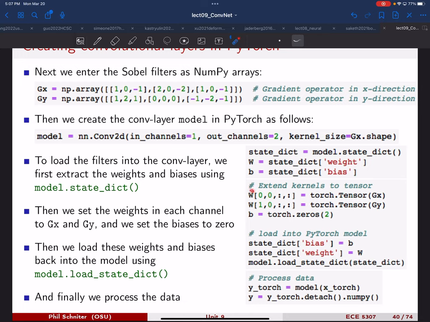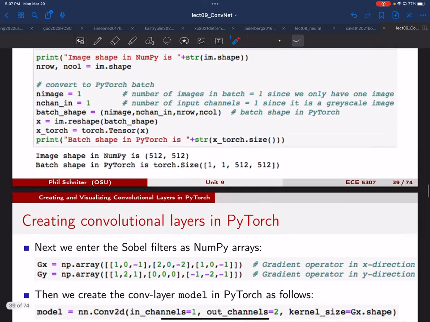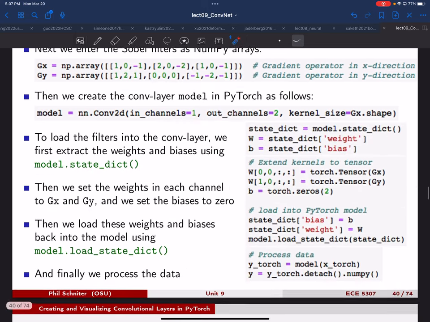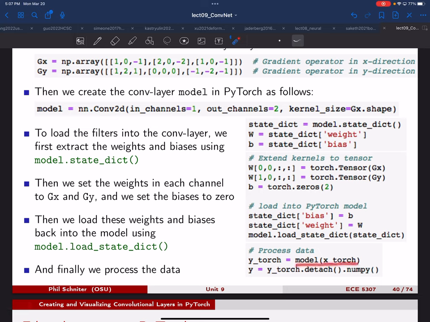So now we have things set up in W and B. Now we have to put them back into our state dictionary, and load the state dictionary back into the model. And now the model's set up. Now we're ready to process the data. Because the data is the right size and it's a torch tensor, our model will know what to do with it. It's as simple as this, and what comes out is a tensor that has 2 different images: one of them is the vertical edges, one is the horizontal edges.